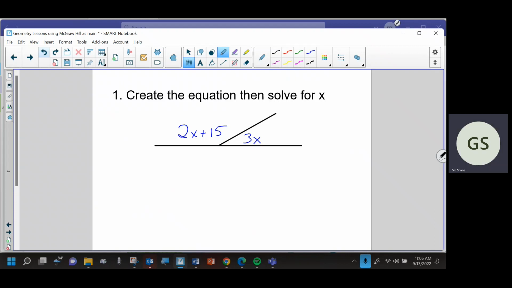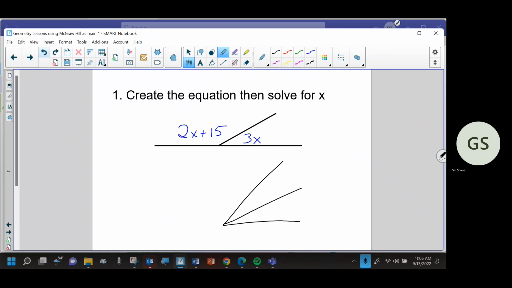I would have to tell you it's bisecting, or I would have to show you in some way that the angles were equal. That means it's bisecting. Even though I didn't say it bisects, I'm telling you this angle is equal to that angle by those little marks. I don't have anything that tells me that up there. I can't say the angles are equal.